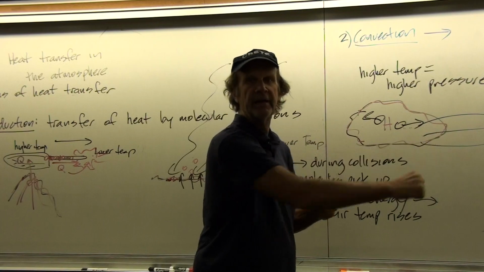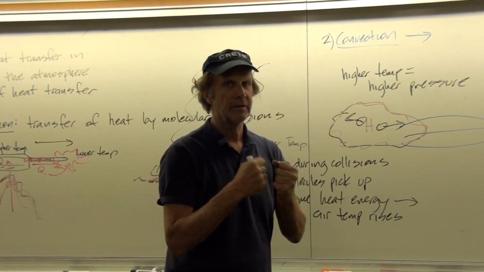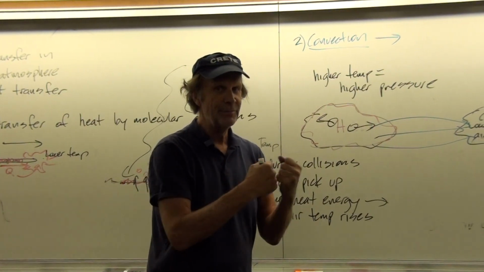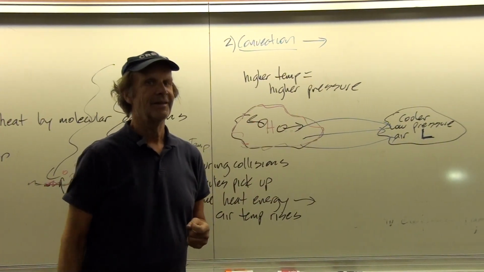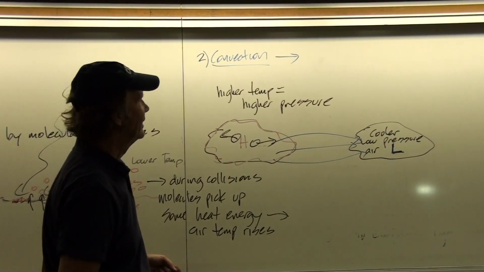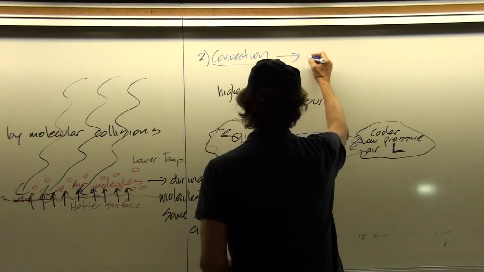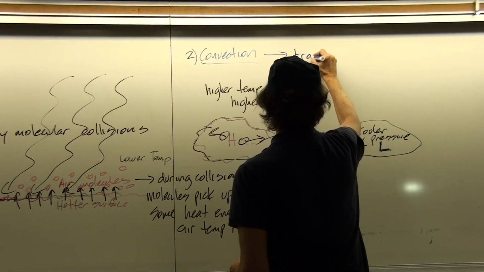I want to take my energy straight there myself. I'm not going to bother with any of this in-between collision stuff. I'm just going straight to the low pressure area myself. And so we can think of convection as being the transfer of heat by mass motion of molecules.